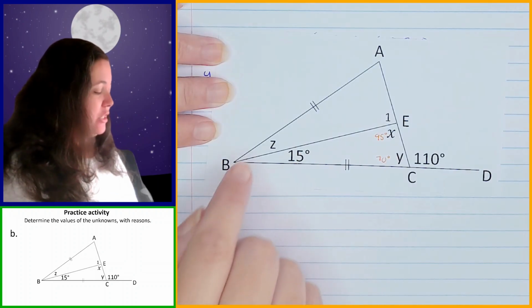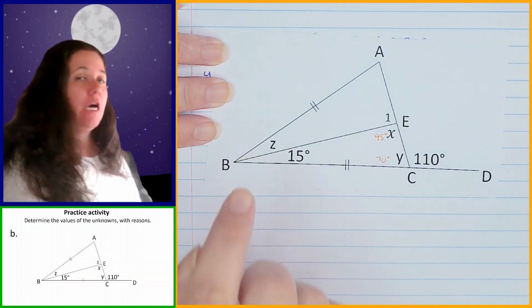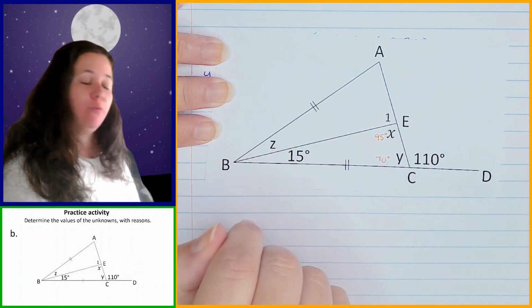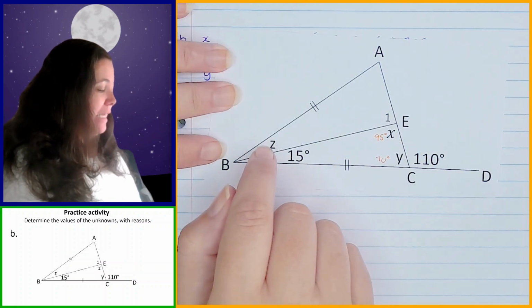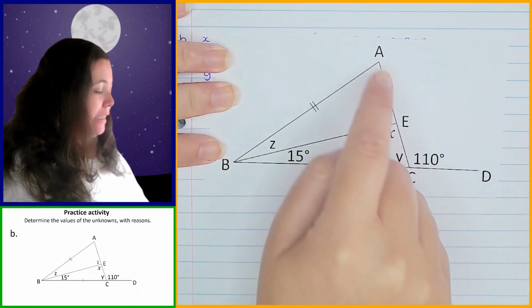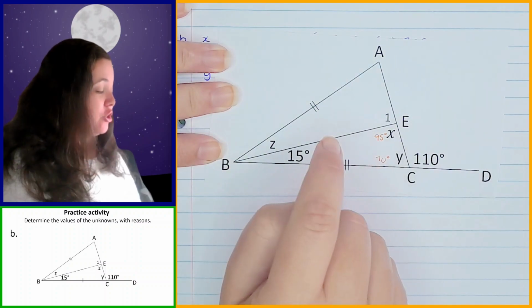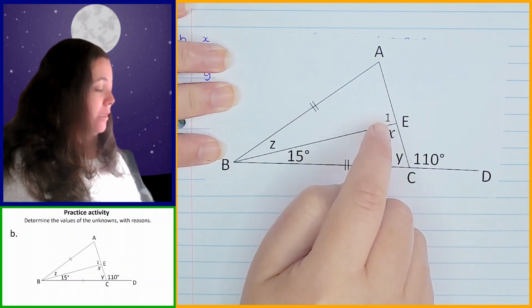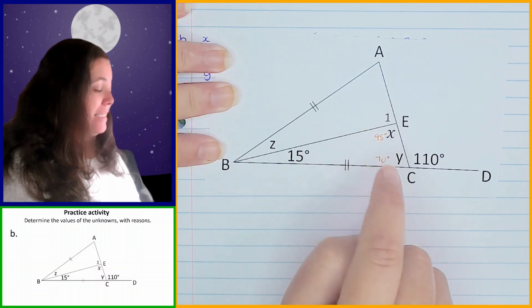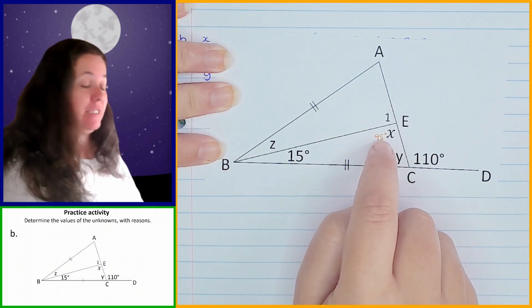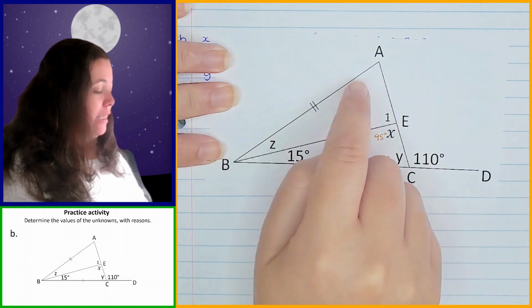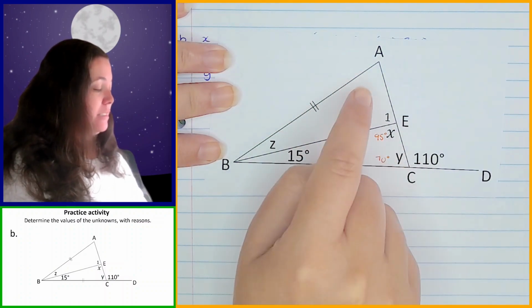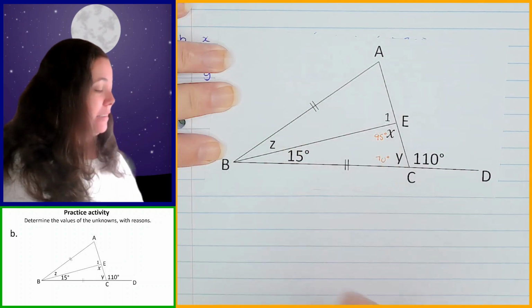Now next, I need to work out what z is. Now, once again, I have more than one option or method that I can use to work out z. Z is an angle inside triangle ABE, so I could potentially use the interior angles of that triangle, or I could use the exterior angle of that triangle because I've got 95 degrees over here, this x, which is an exterior angle of that triangle, and z is one of the opposite interior angles, in which case I need to know what angle A is.